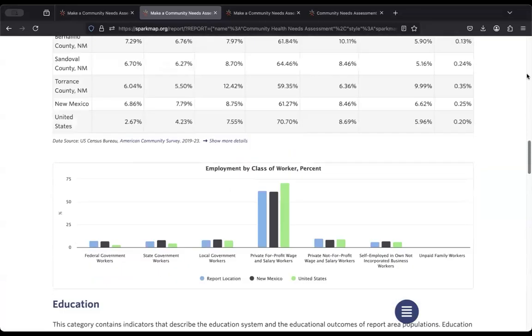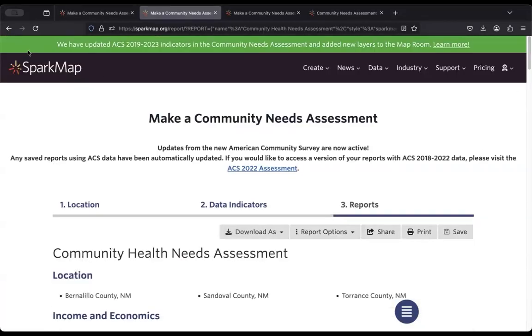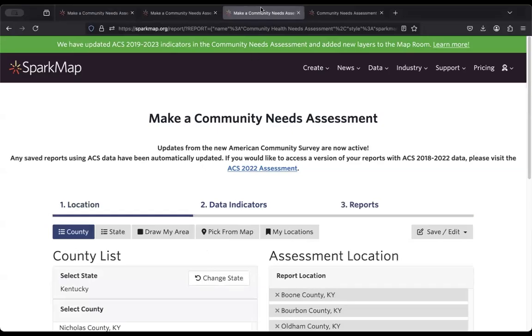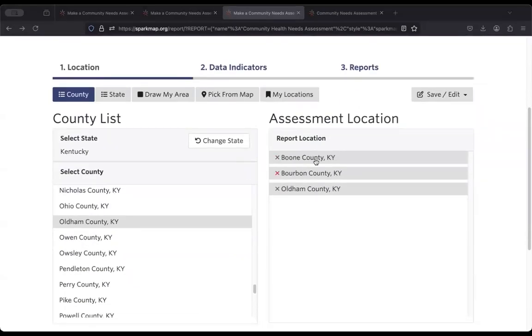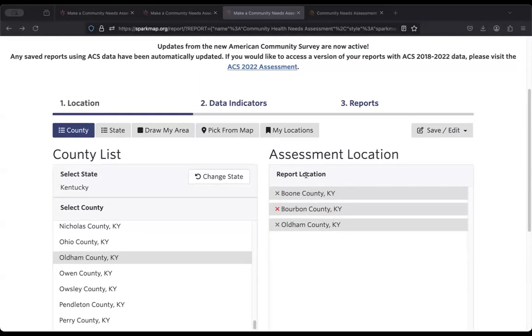So that's another example. The final grouping that I wanted to look at today was looking at housing, right? So first we started out with disability, some demographics, looking at employment, and now looking at housing. So this time we're going to go back over to the middle of the country, looking at a couple of counties here in Kentucky.